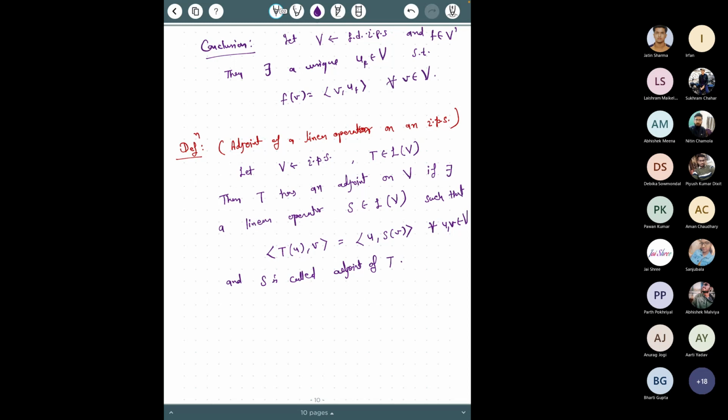That is what I'm trying to say here. I don't know whether the adjoint will exist or not, but if it exists, there cannot be two.